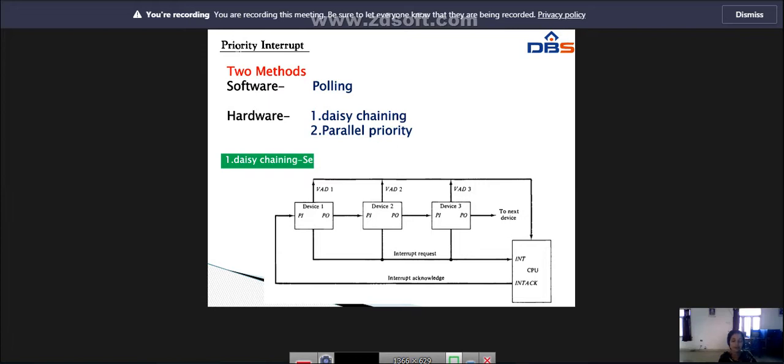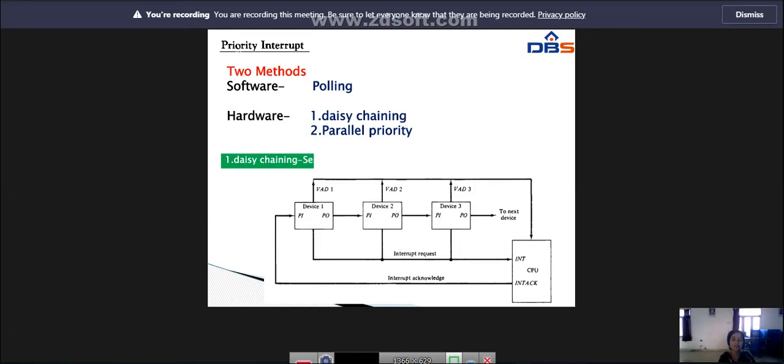By placing a 0 in the PO output, it then proceeds to insert its own interrupt vector address into the data bus for the CPU to use during the interrupt cycle.